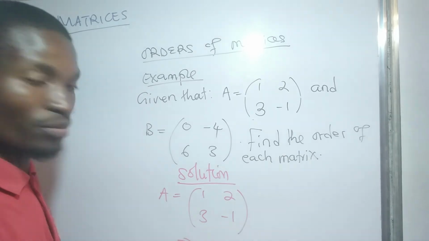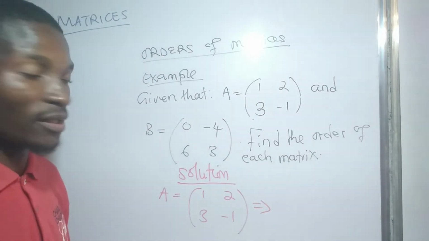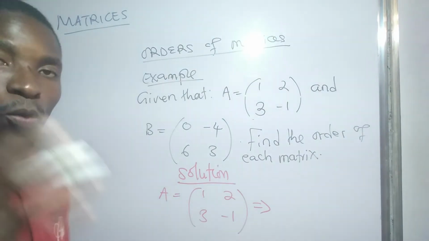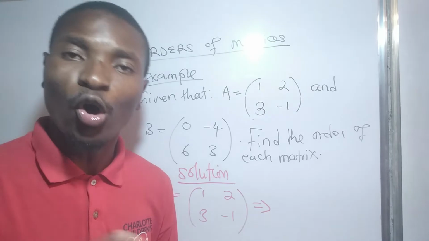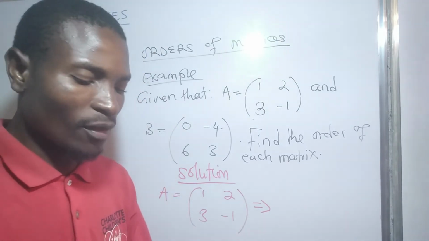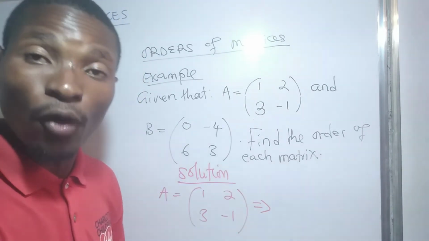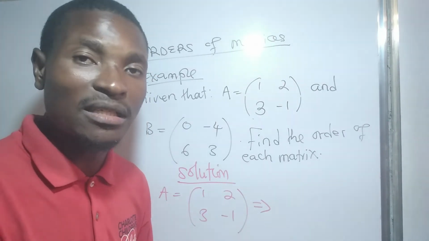Now when you give the order of any matrix, you always start by identifying how many rows you have, followed by how many columns you have in the same matrix.